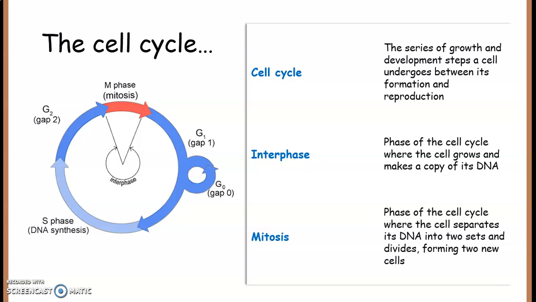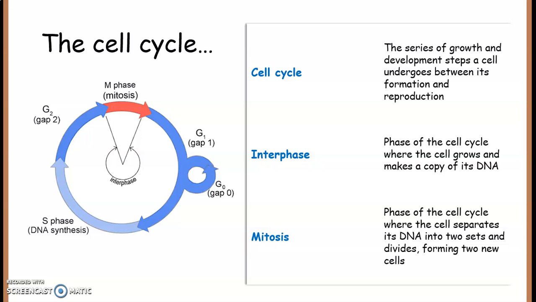That means the cell undergoes a cycle of events through which it divides and produces daughter cells. This process can be either mitotic or meiotic, meaning the chromosome number will be the same or reduced to half.